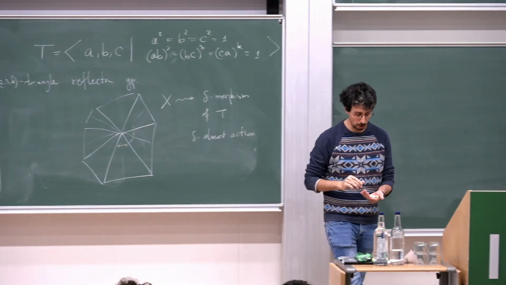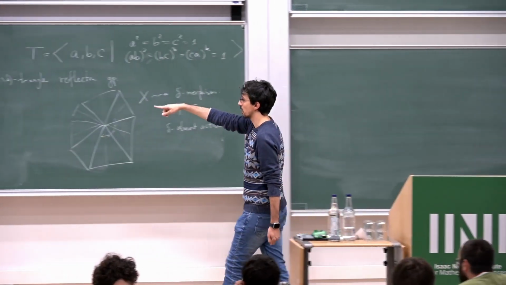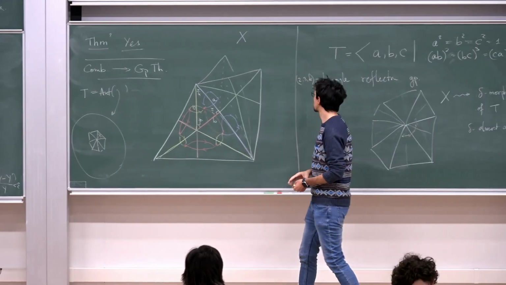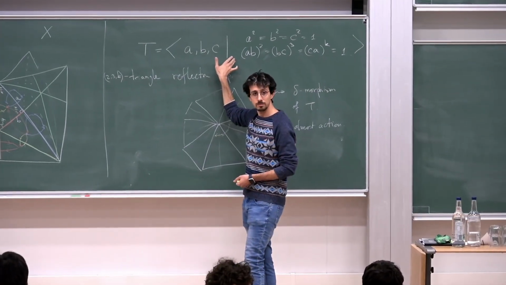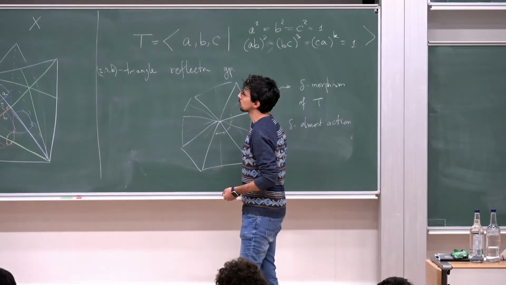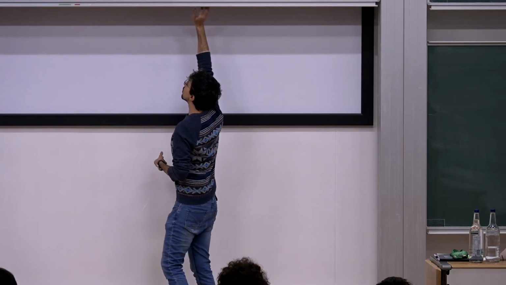Which means that for almost all of the little triangles in my action here, the relations are satisfied. So this is really the setup of stability.